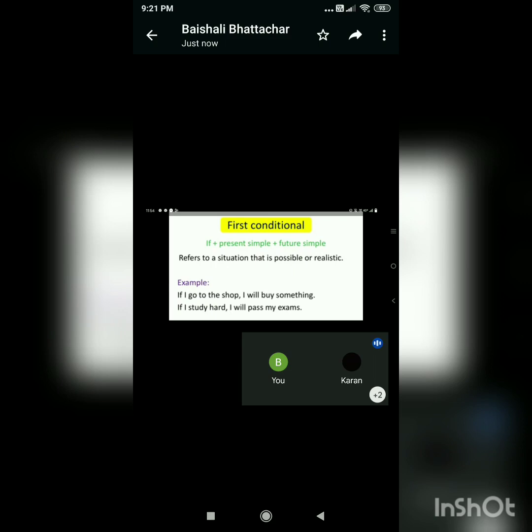In first conditional sentences, the form is always if plus present simple plus future simple. It means first of all in this sentence comes if, then the form is in present simple and then in future simple. And first conditional sentences only refer to a situation that is possible, or realistic, which means it can be real.